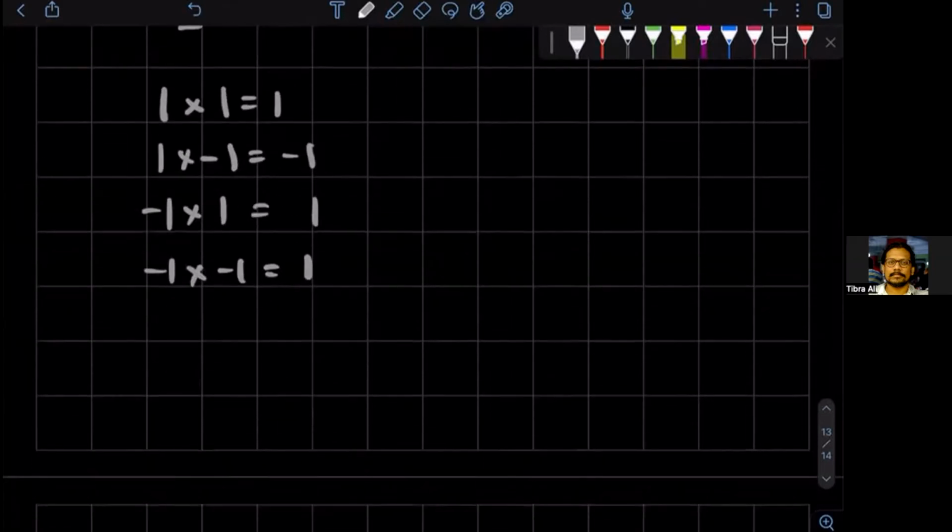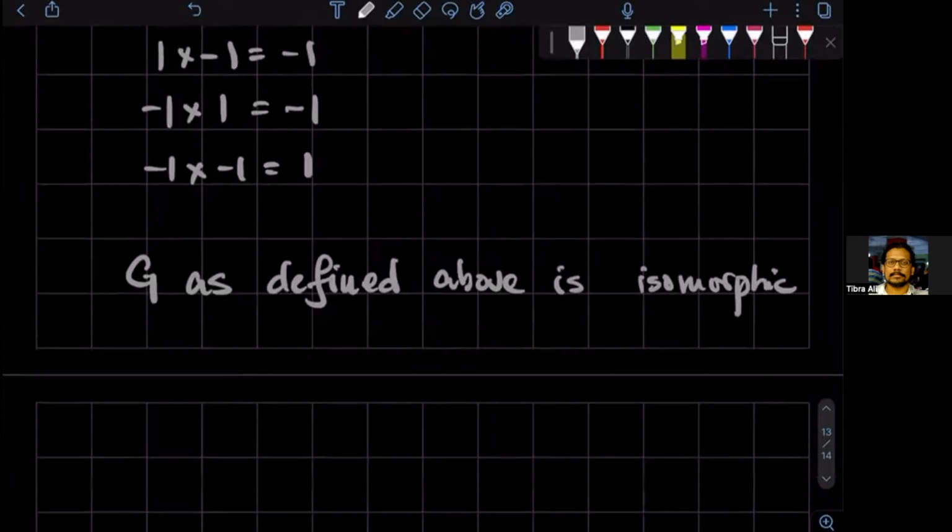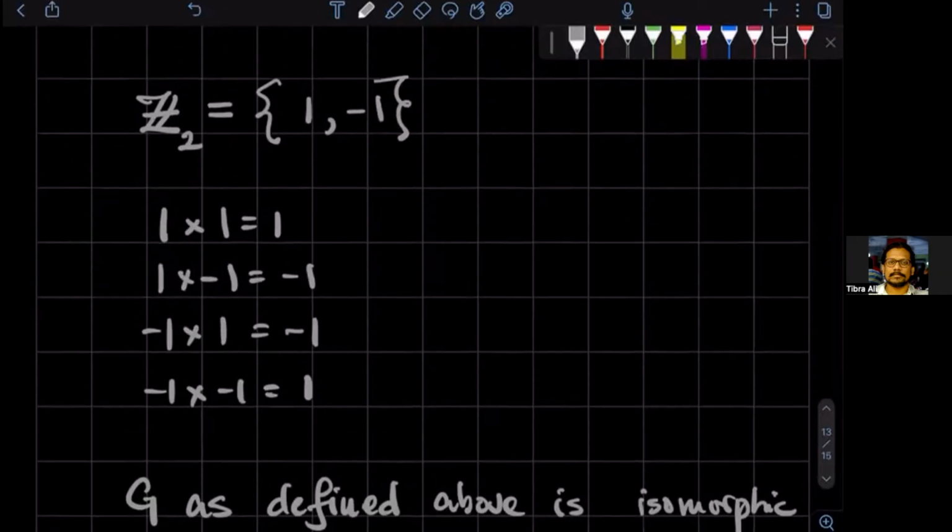So we see that G as defined above is isomorphic to Z2, right? So because of that, this group is often called Z2.